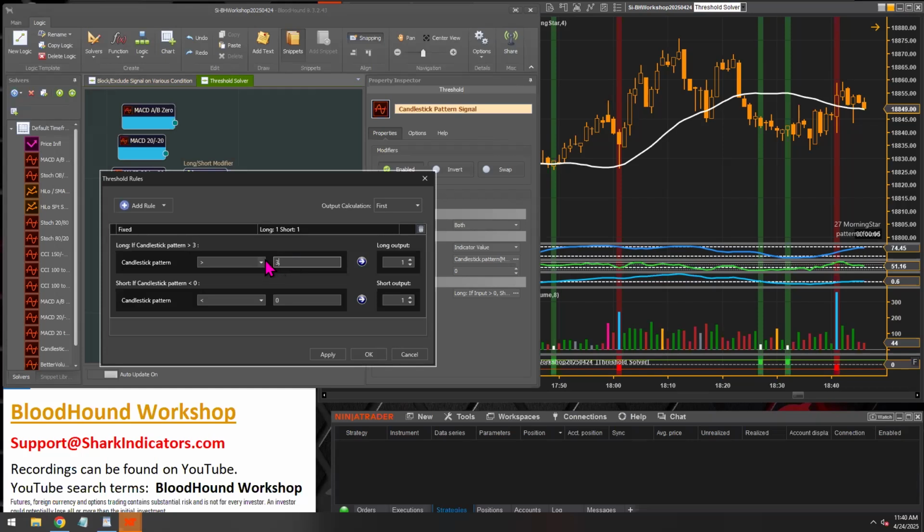So again, you really need to contact the vendor to see what values are being output for different types of signals there, right?